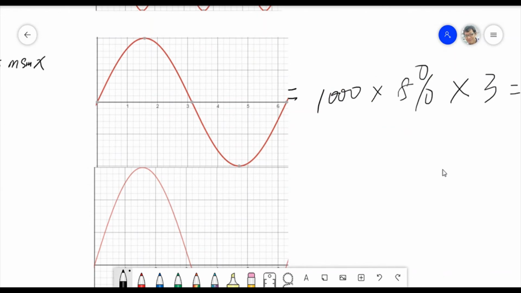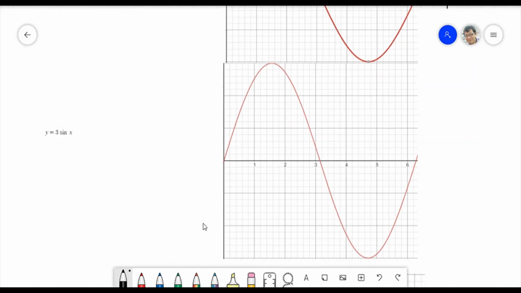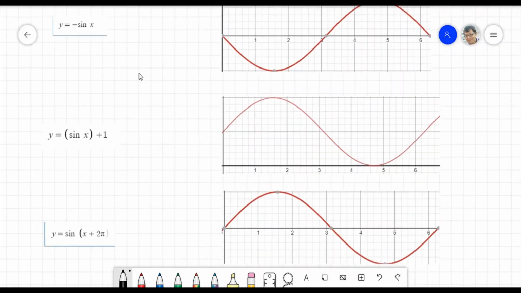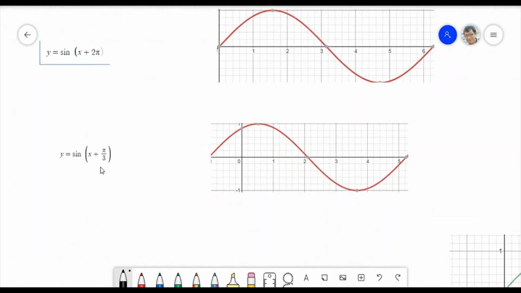Okay, let's keep on observing. What else? This we already learned, plus 1 and plus 2 pi. And what else? If it is x plus pi over 3, what will change? We can observe here. First, the cycle, the frequency will not change, still 2 pi, right? But the position will. This supposedly should be 0, should be here, right? It moves to the left by pi over 3.